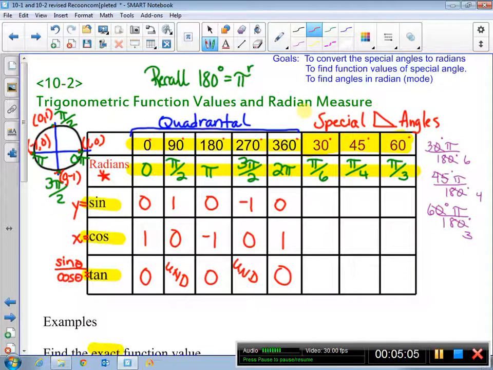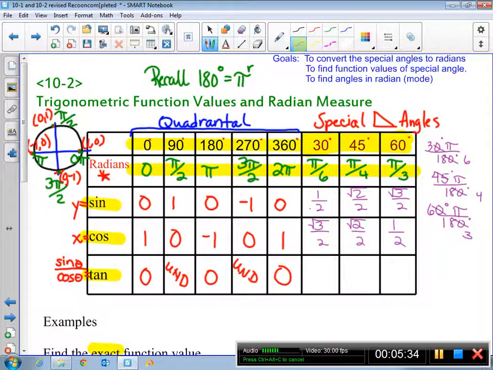So now our 30, 45, 60, 1, 2, 3, 3, 2, 1. Everybody gets a 2 in their denominator. And the numerators get a square root. Tangent is sine over cosine.